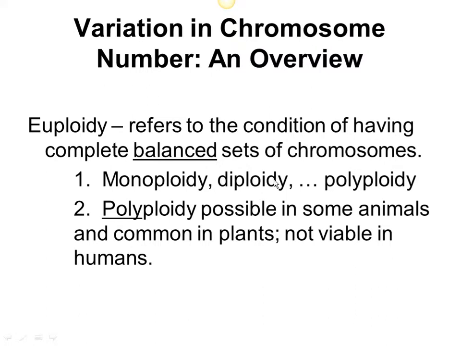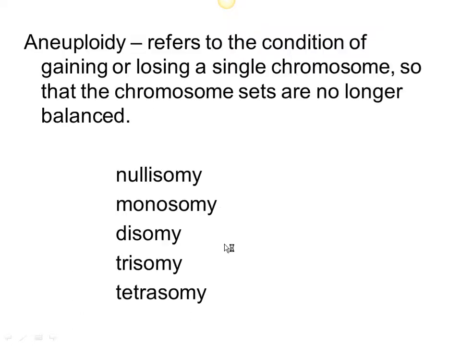Diploidy, 2 full sets. Triploidy, 3 full sets. Tetraploidy, 4 full sets. As long as you have full, complete, balanced sets of chromosomes, then that's a euploidy. And just as a side note, we will talk about polyploidy. It's possible in some animals, not in humans though, and in some, pretty common actually, in plants.